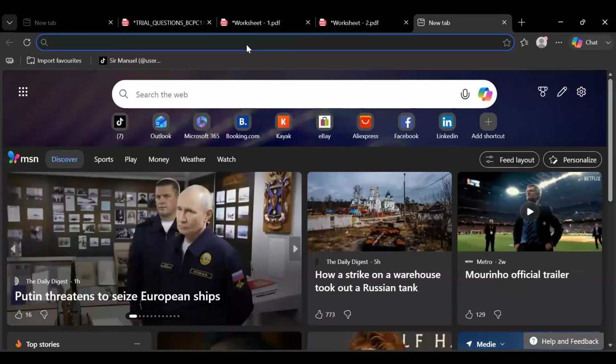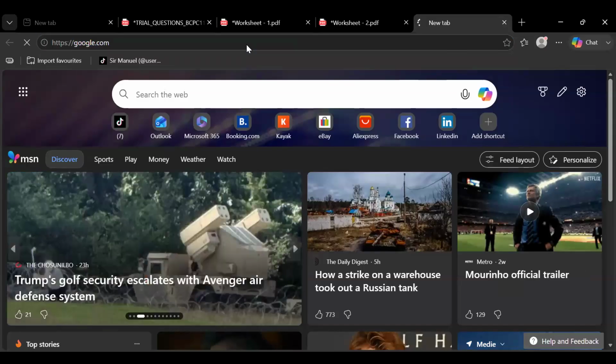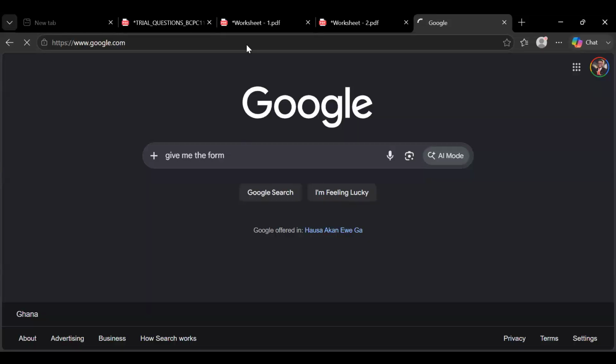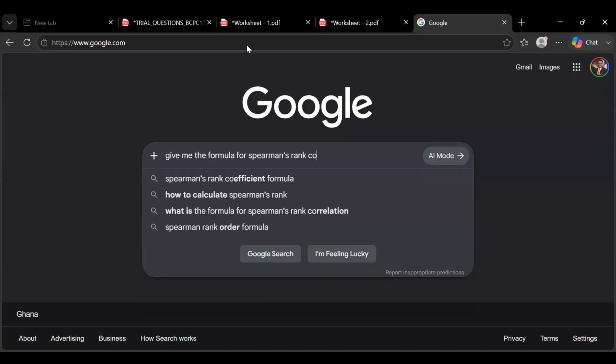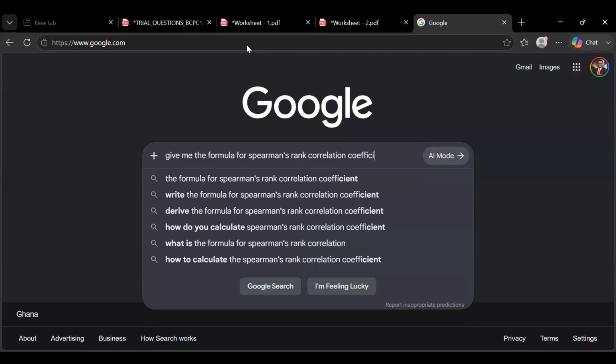Spearman's rank correlation coefficient. So let me ask Google to give me the formula. I think the formula is Spearman's, n sigma xy minus.